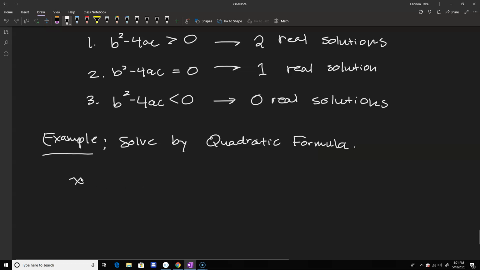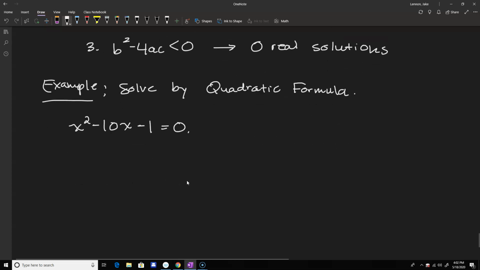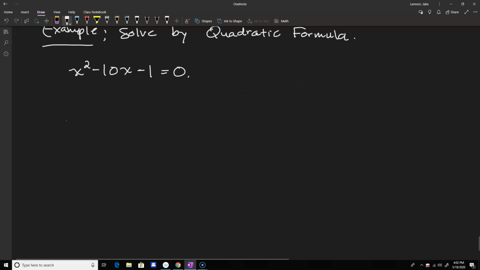Let's look at x² - 10x - 1 = 0. So let's just identify what each of the parts are. A is going to be 1 here, B is negative 10, and C is negative 1.